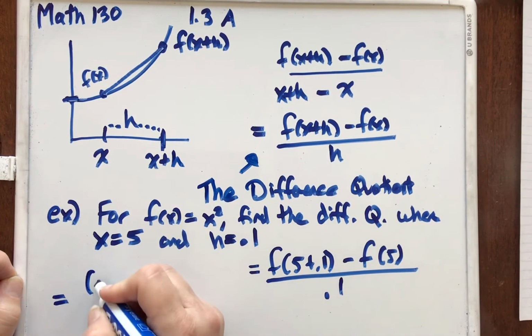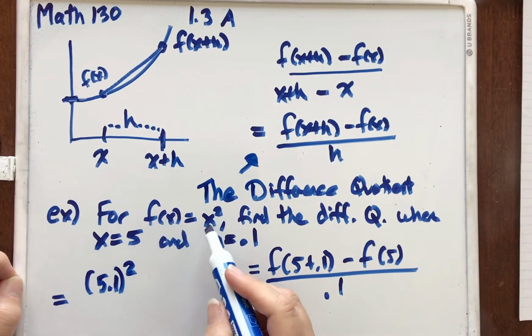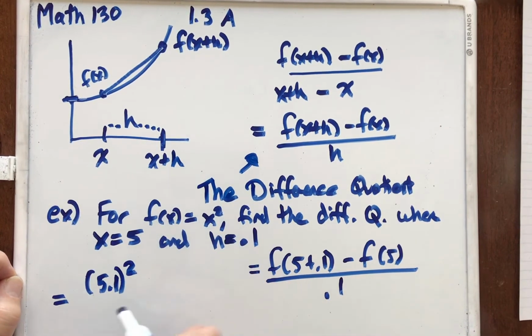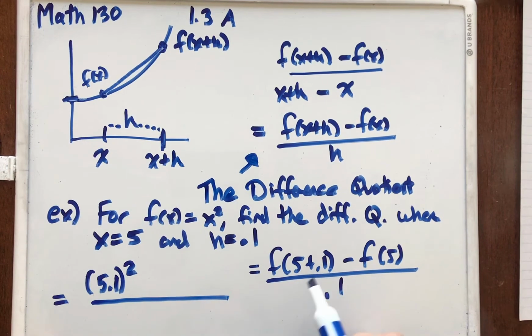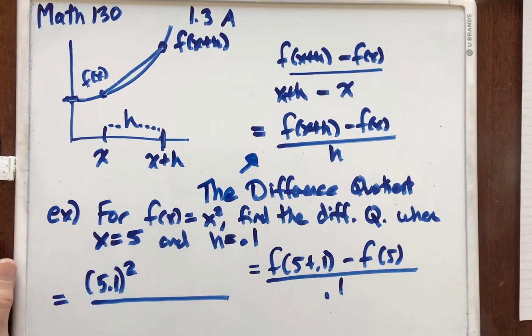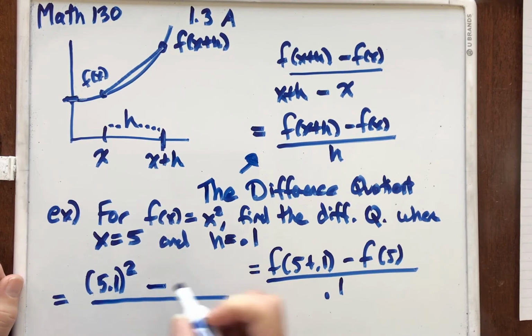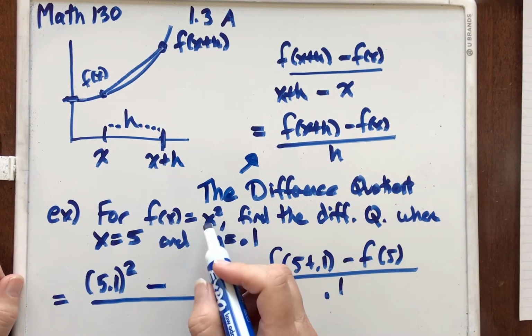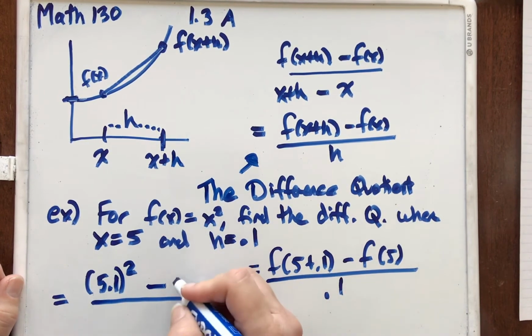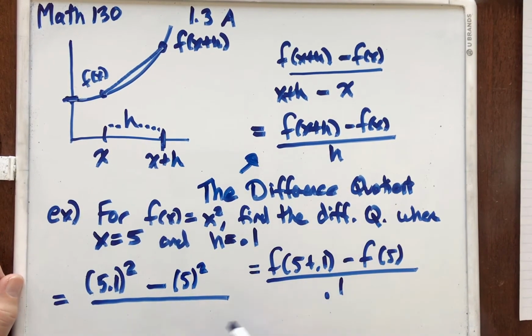So we would put 5.1 squared because f of x is x squared. 5 plus 0.1 is 5.1, and f of that, here's our equation, is x squared. So we would square 5.1, and then we're going to minus f of 5. If we put a 5 in there, we're going to get 5 squared, all over h, which is 0.1.